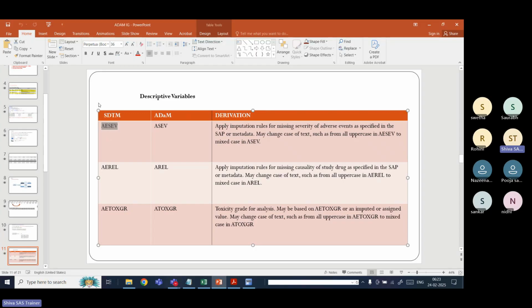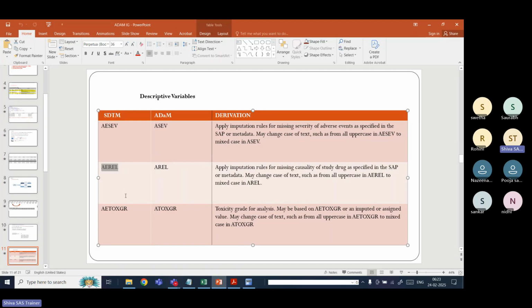That is why we created a new variable in the analysis data set, to impute that value for analysis purposes. Okay. So the SDTM data set we won't touch to impute or change any data. At the ADaM level, we create the new variable and we use that SDTM variable to change, to do imputations, or to do hard coding like that. Okay.